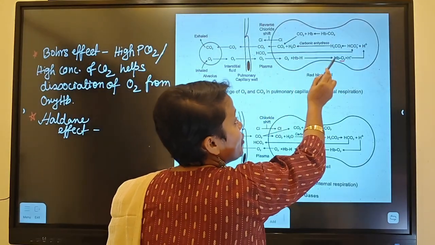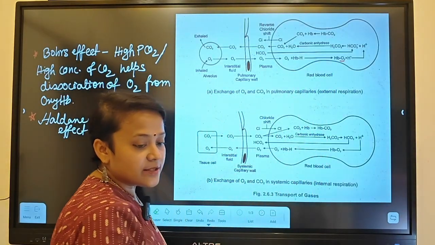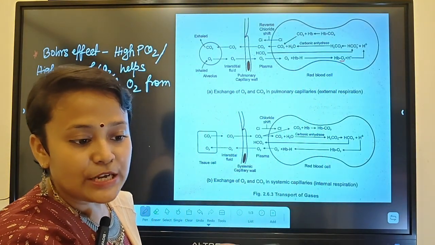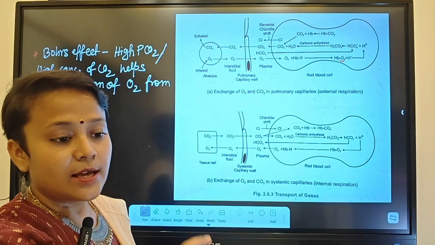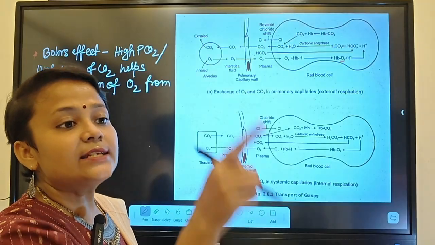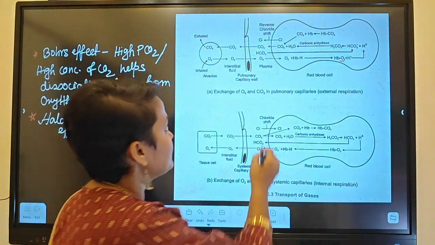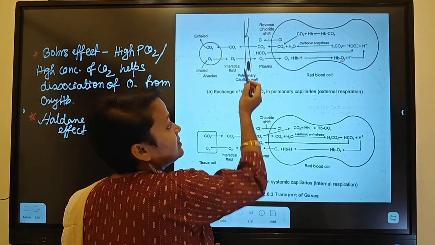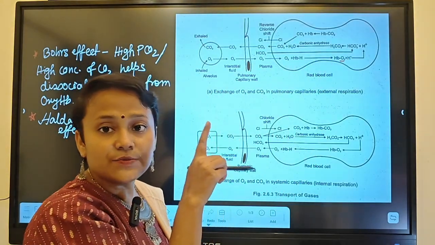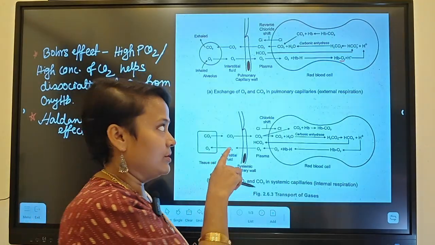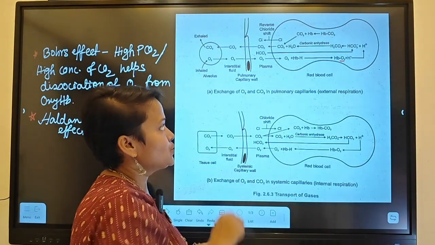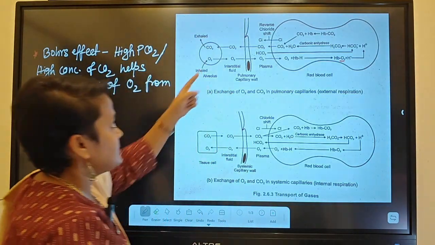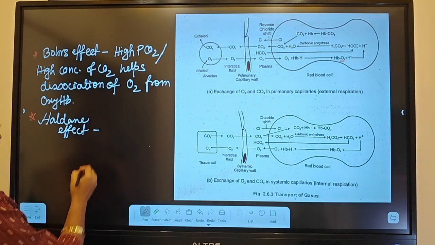So making of oxyhemoglobin, or the increased partial pressure of oxygen, can lead to the release of carbon dioxide. I mean, it will help to release carbon dioxide, with the reactions going in the backward direction, as I told. This effect is called Haldane effect.